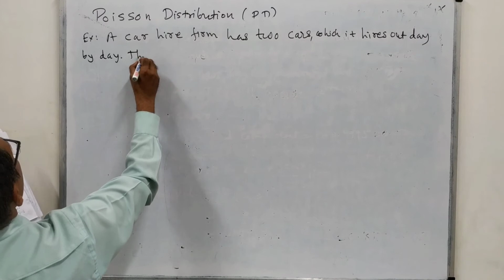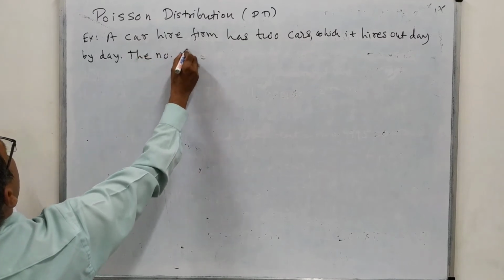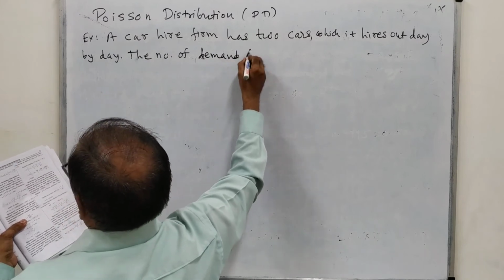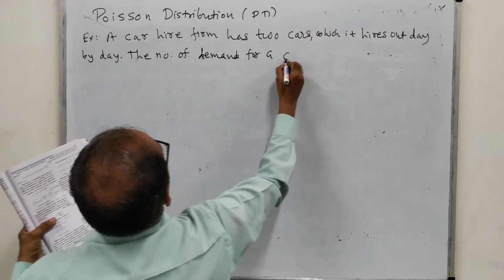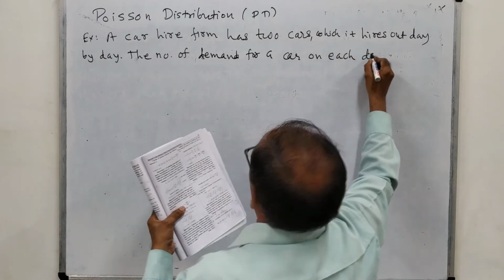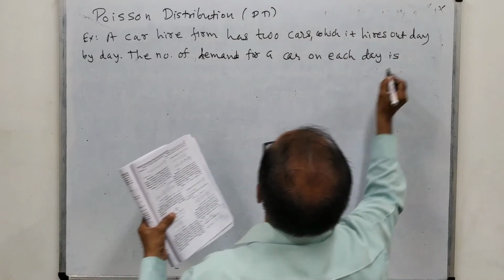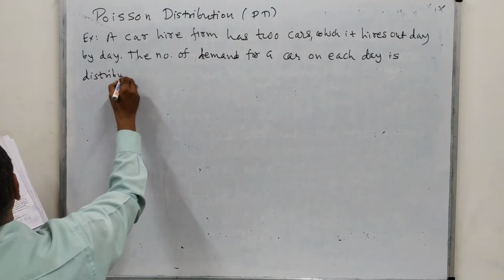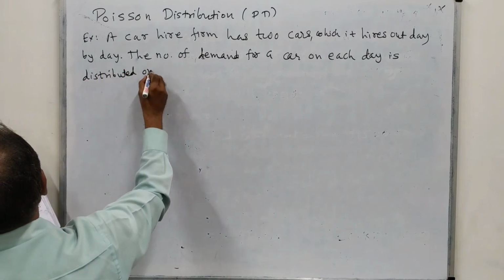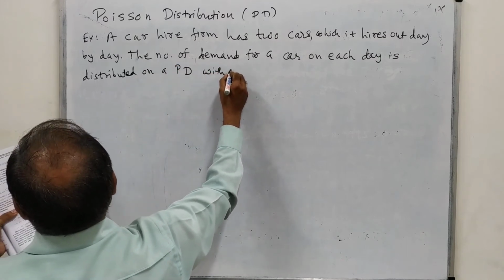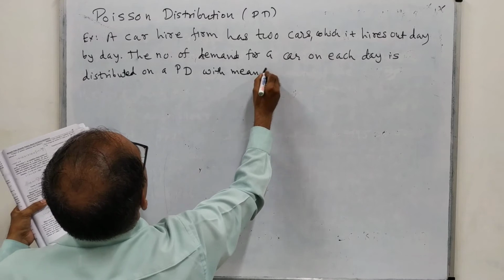The number of demands for a car on each day is distributed on a Poisson distribution with mean 1.5.